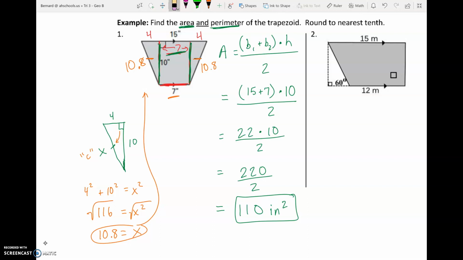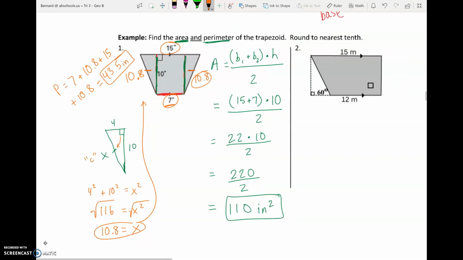And then even though I split up the top, the full top side, right, is 15. And so my perimeter is going to equal 7 plus 10.8 plus 15 plus 10.8. And when we add all 4 of those numbers together, we're going to get a total perimeter of 43.5 inches.